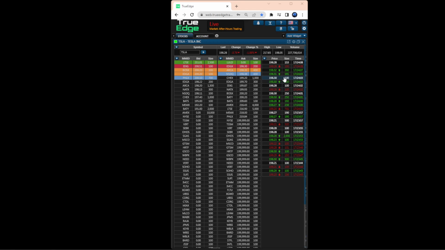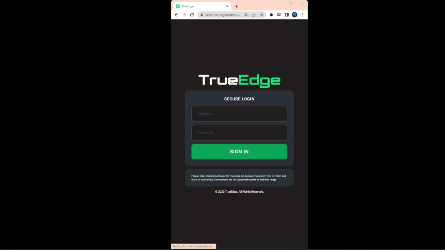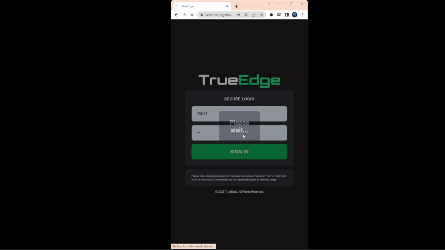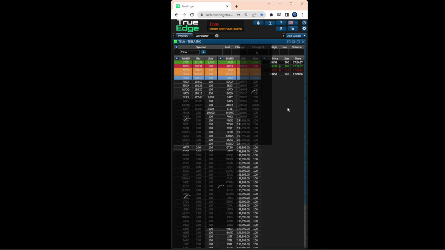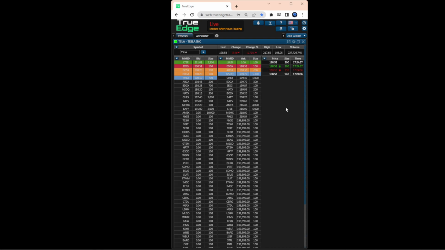Now, if it shows up in white, it means that the transaction occurred in between the bid and the ask, which means that the trade didn't hit on the bid. No one sold the actual bid at that time, nor did they buy the offer at that time, but their transaction took place in between the bid and the ask, right?